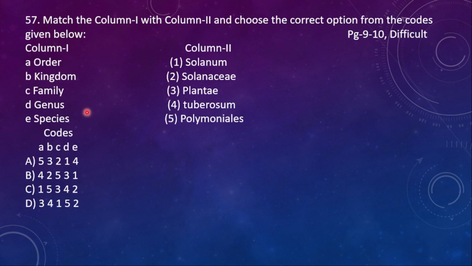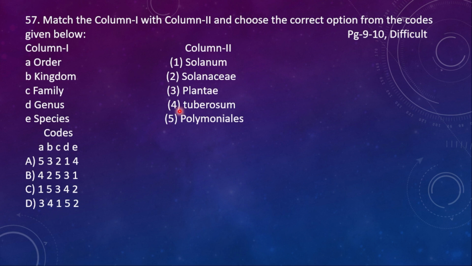Next, 57. Here column 1 and column 2, a match-the-column type question. Order, kingdom, family, genus, species. In column 2 are given Solanum, Solanaceae, Plantae, Tuberosum and Polymoniales. If you know any among them, for example genus and species, we know.